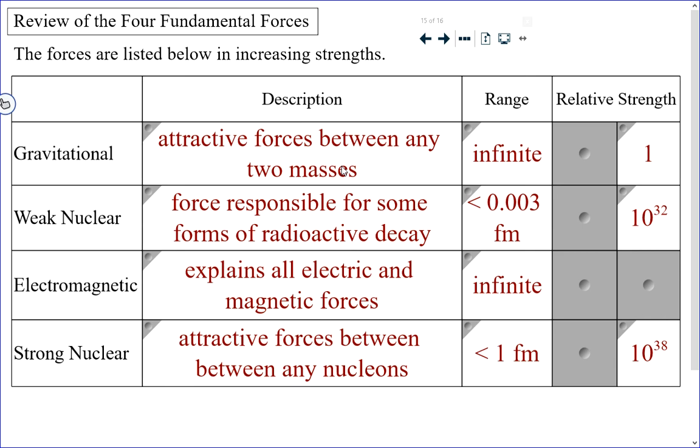It's 10 to the 32 times greater. And it turns out electromagnetic forces are about 10 to the 36 times greater. Don't worry about the numbers in the column to the left of that. I meant to take them out in this version of the course. The bottom line is gravity is a weakling. All of the other forces in nature stomp gravitational forces. Gravitational forces are very, very weak compared to the other fundamental forces.